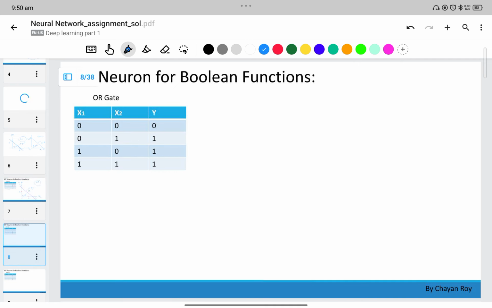So if we want to do OR gate using MP neuron, what we can do is at 0 0 we have 0, at 0 1 we have 1, at 1 0 we have 1, and at 1 1 we have 1.